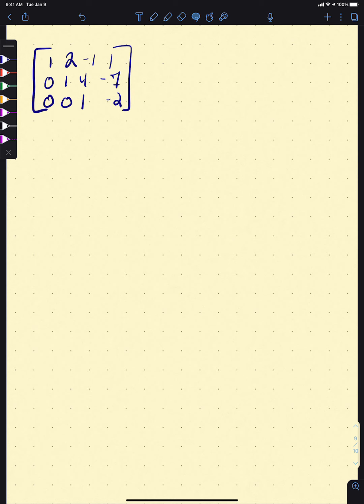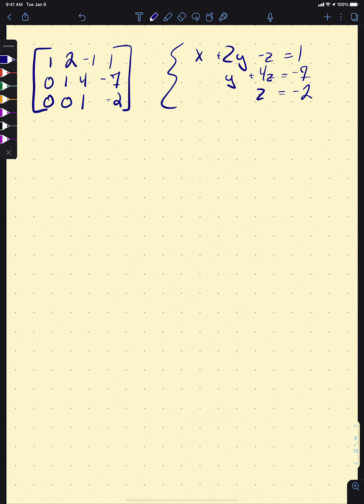Because what system of equations does this represent, right? This gives us the system x plus 2y minus z equals 1, y plus 4z equals negative 7, and z equals negative 2, right?